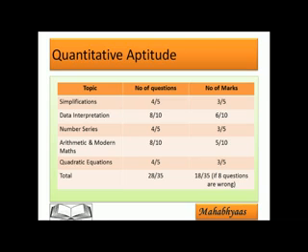Out of 5 questions on quadratic equations, let us attempt only 4 questions, out of which only 3 are correct. So if we observe, the maximum number of attempts is 28, out of which if 8 are wrong, then the possible score is 18.